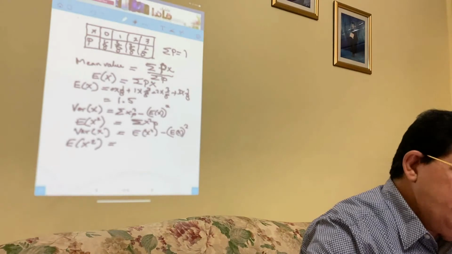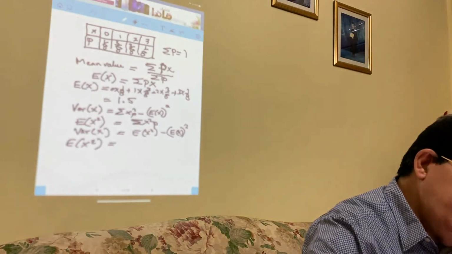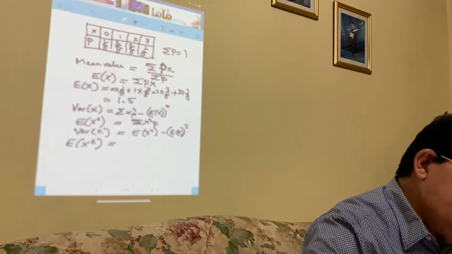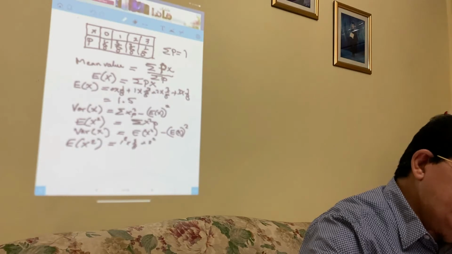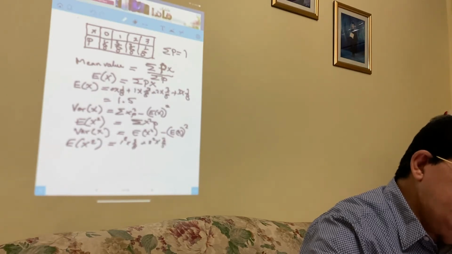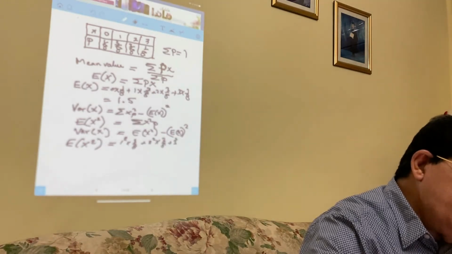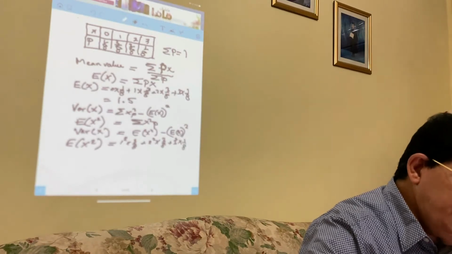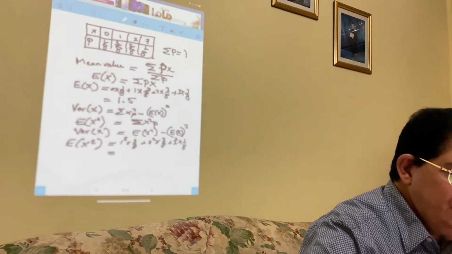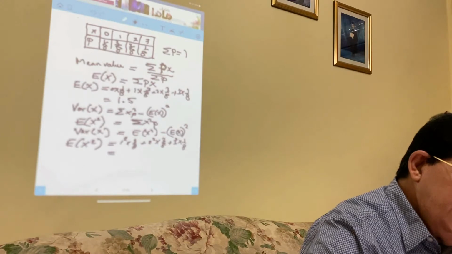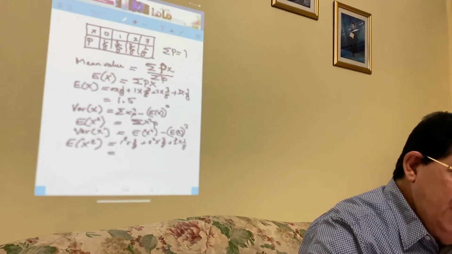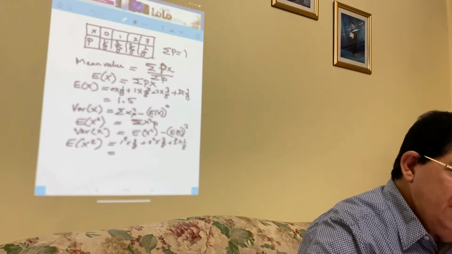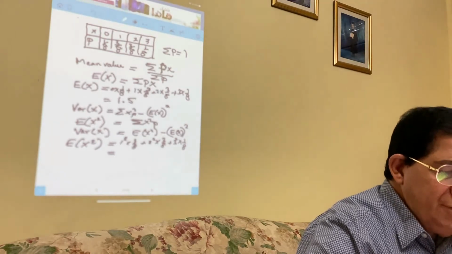The expectation of x squared is, excluding the 0, 1 squared times 3 over 8, plus 2 squared times 3 over 8, plus 3 squared times 1 over 8. Therefore, we get 3 over 8 plus 12 over 8 plus 9 over 8.